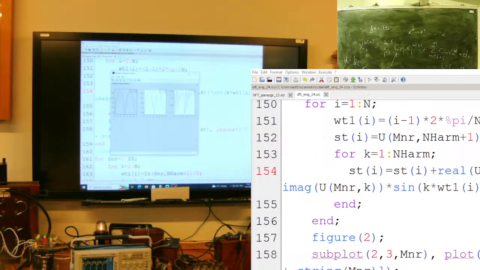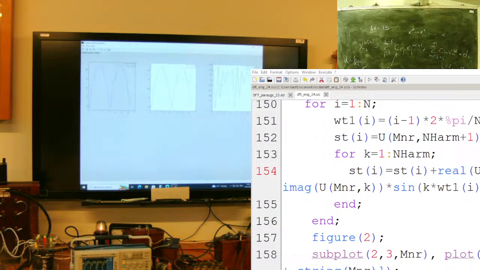I made a mistake in polarity. Now this voltage corresponds really to the yellow line. I had it mirrored. It's because of polarity. Sorry.